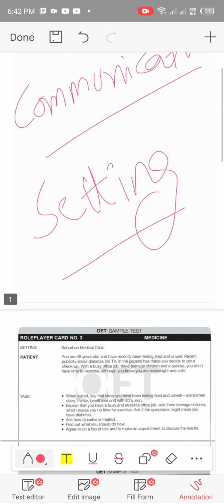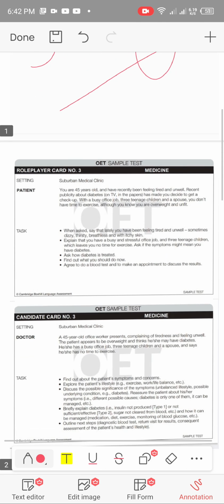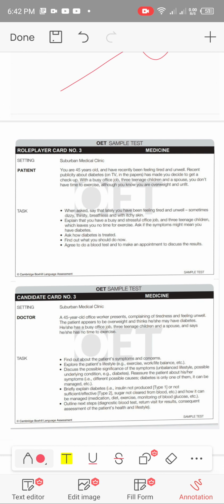Now, this is how a cue card looks. There is a patient's cue card and a doctor's cue card. You will be given the doctor's cue card, while that person will have the patient's cue card.